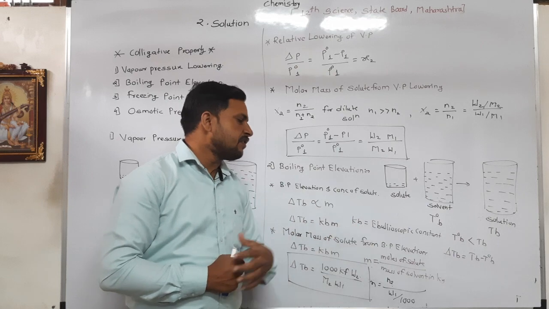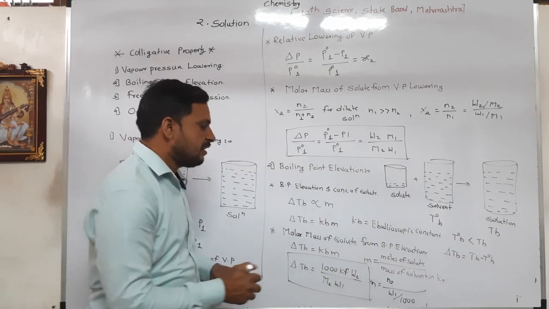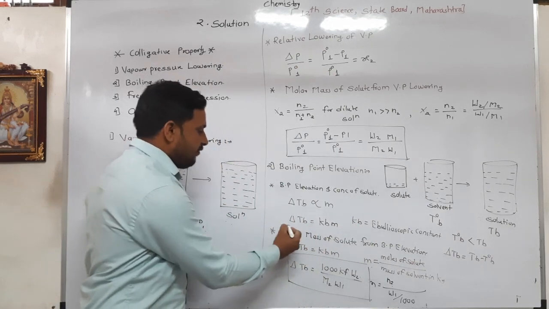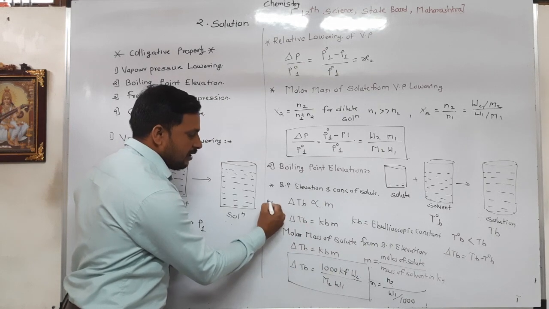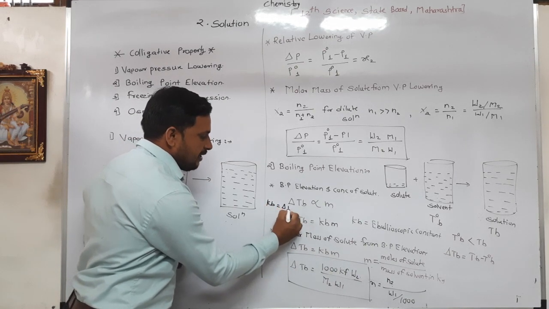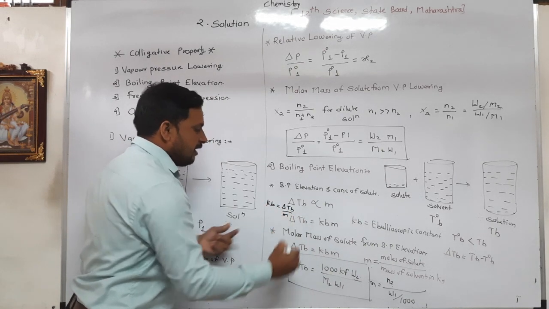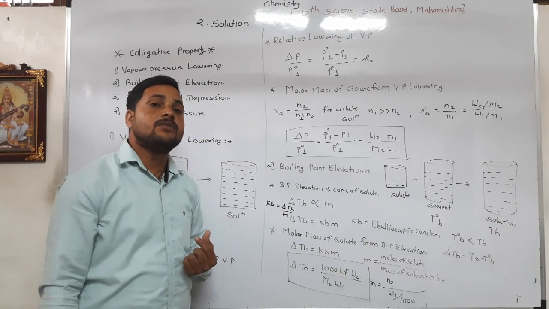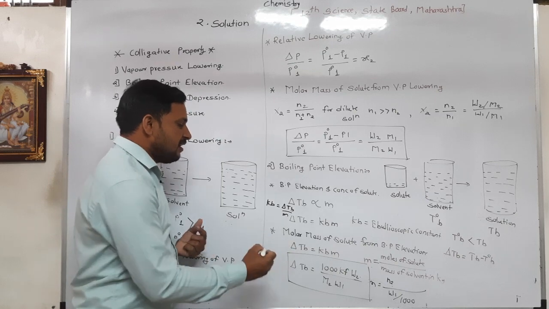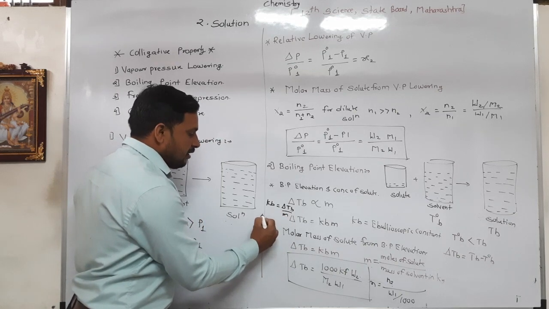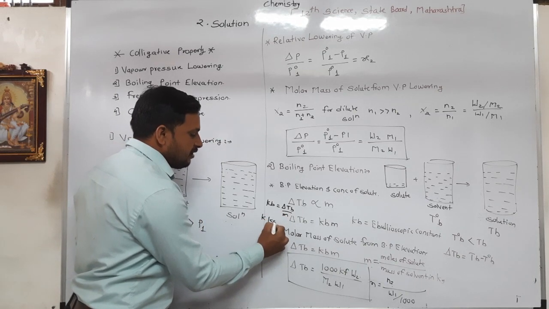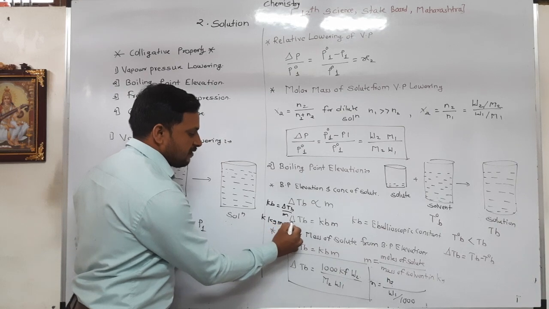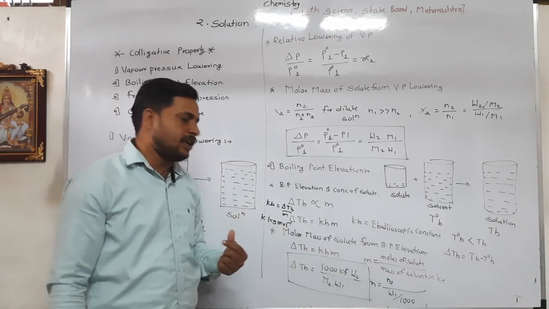The unit can be calculated: Kb is delta Tb upon m. The temperature has unit Kelvin and molality has unit mole per kg. Hence, Kb has unit Kelvin kg mole inverse. This is the unit for Kb.